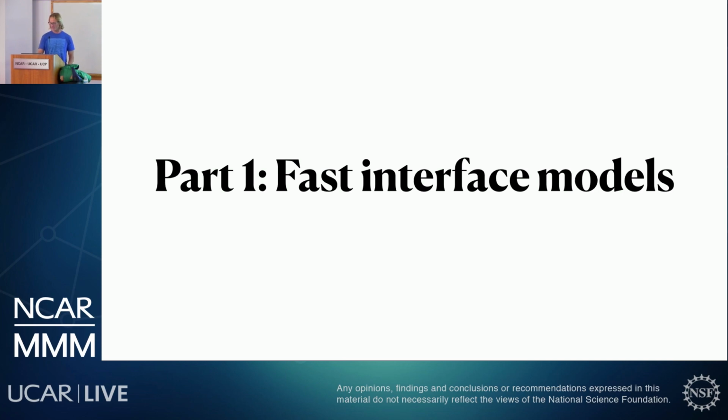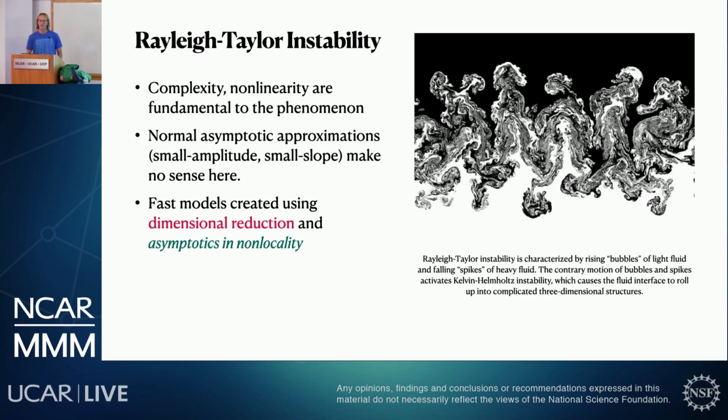Okay, so here's where we begin. Most of what I'll talk about in the beginning of this talk, having to do with these fast interface models, has to do with the Rayleigh-Taylor instability and the type of small-scale structures that are being created. So in the models that I'm creating, there will be no viscosity per se, no dissipation mechanism.